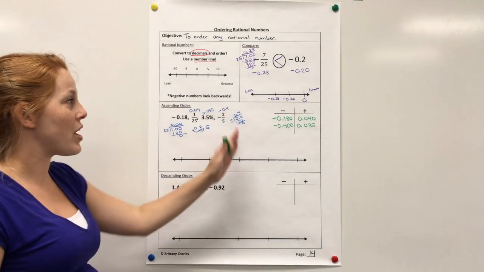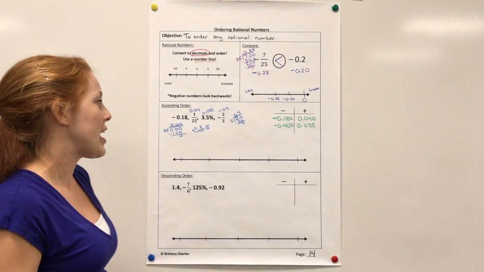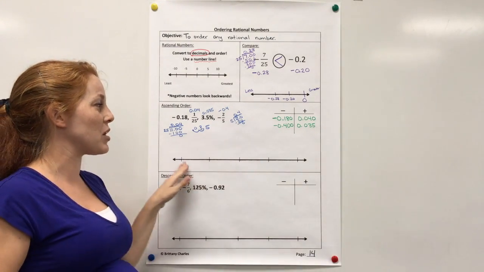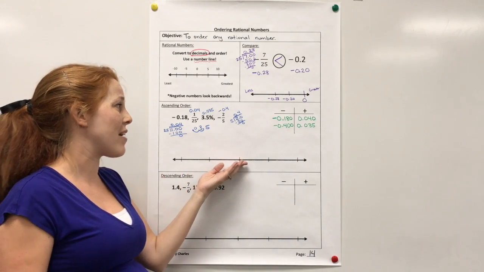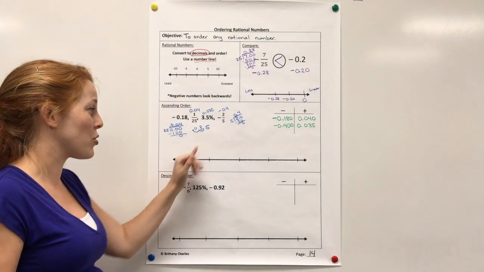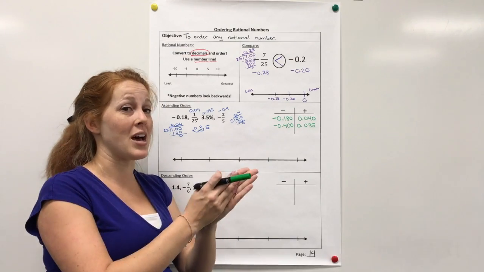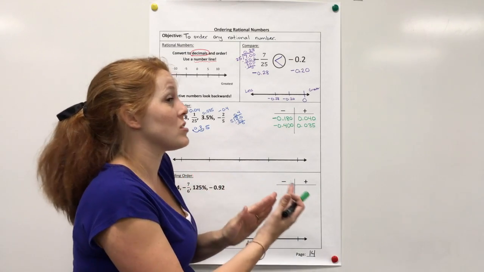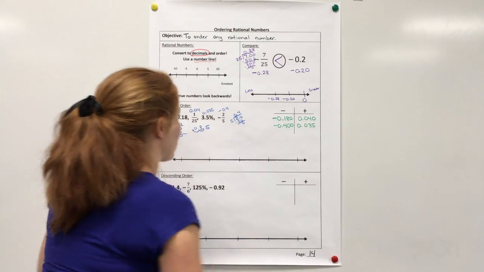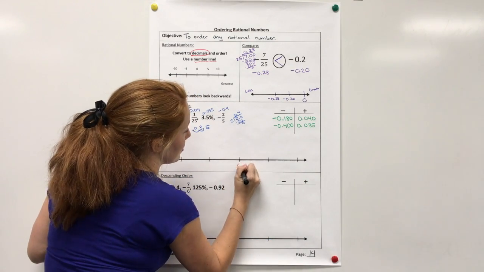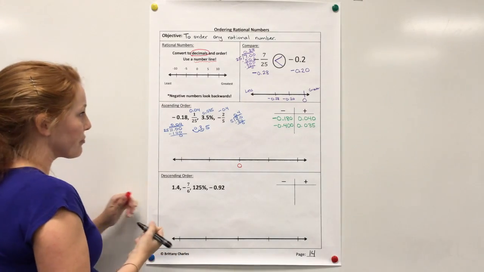Okay, so now I have all my numbers, and I'm going to start by just labeling my number line with the whole numbers just so I can better see. Now, you don't have to necessarily put all your whole numbers on the number line. You should be able to tell by looking at which is closer to 0, which is farther from 0, the order. But in this case, just so we have this example, let's say this is 0.